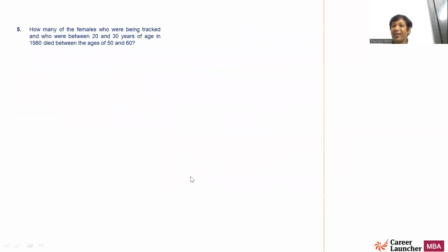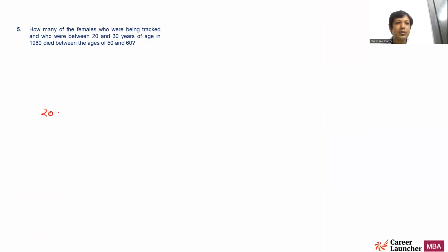Now the last one is a tricky one. The answer to this question is definitely going to be cannot be determined. I think this is a wrong question that has appeared in CAT. For this question, I'll give you a counter argument. Let's say from 2000 to 2010, I have 1,000 people.